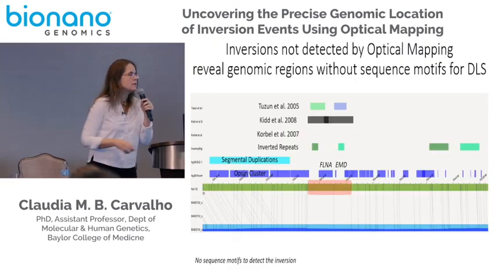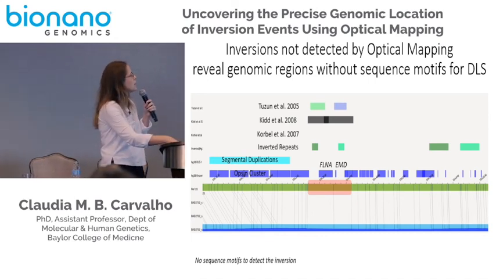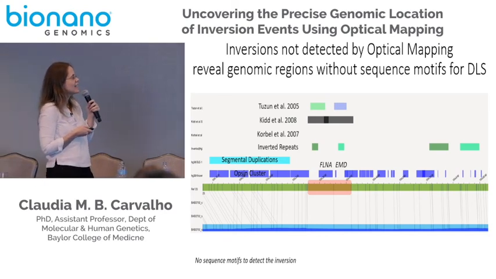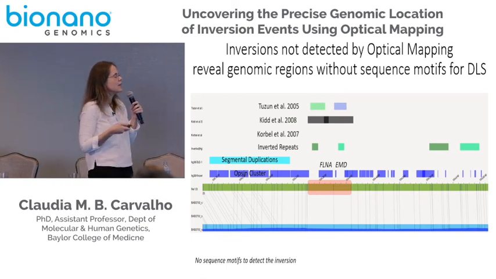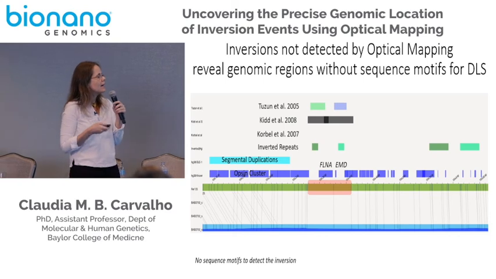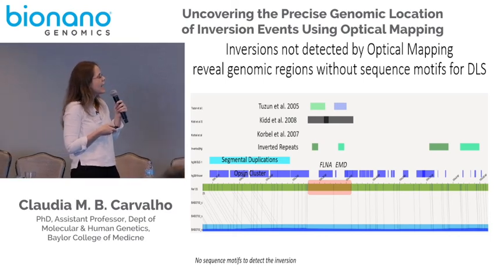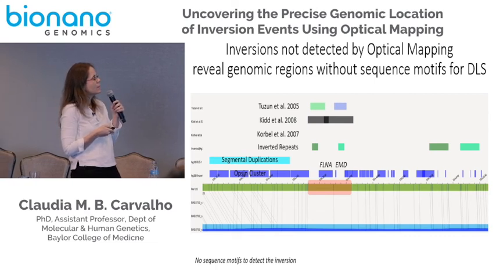However, we also observed some limitations with the optical mapping data, and one of them was a little bit frustrating for us, because this region is close to MECP2, exactly the inversions we are interested in mapping and detecting in our patients, because we work a lot with these samples. We know that 2Zoom and KID et al. reported these inversions.